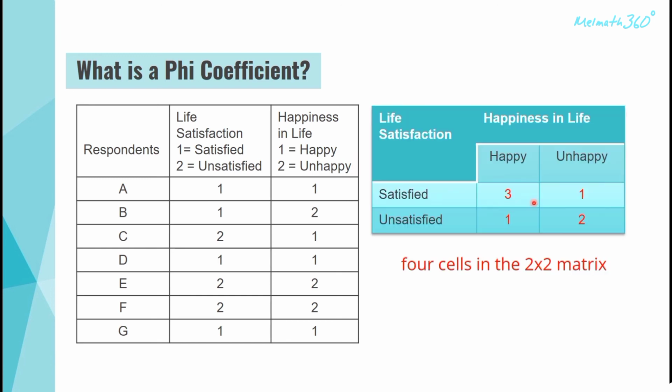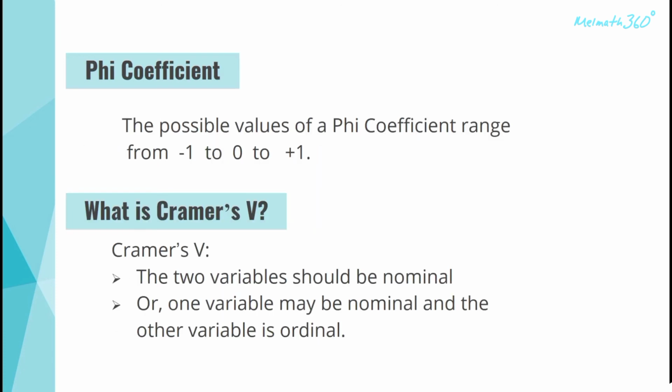From the data, 3 ang satisfied and happy, 1 ang satisfied but unhappy, 1 unsatisfied and happy, and 2 unsatisfied and unhappy. The data in the cell should be frequencies or counts of cases rather than percentages. Similar to a parametric correlation coefficient, the possible values of a phi coefficient range from -1 to 0 to +1.